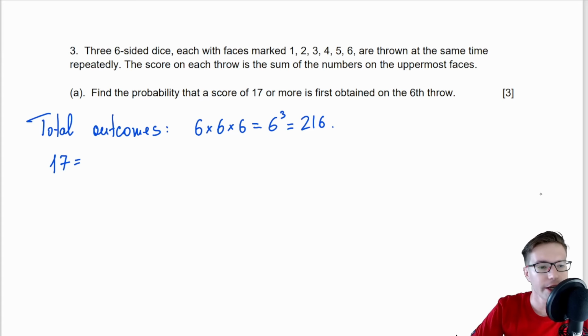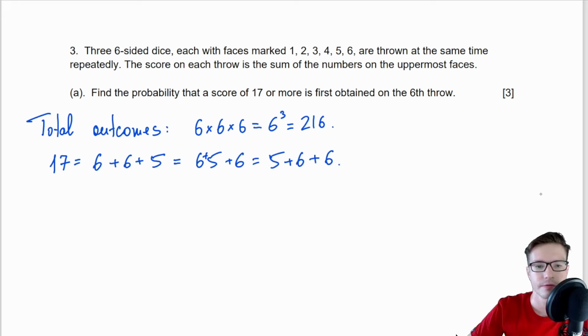Now, how many of them will result in a score of 17 or more? Now, 17 can happen if we do 6 plus another 6 and 5. Or it could be 6, 5, and 6. Or it could be 5, 6, and 6. Now, more than 17 could be 18. And this can actually happen only in one way, that is 6 plus 6 plus 6.